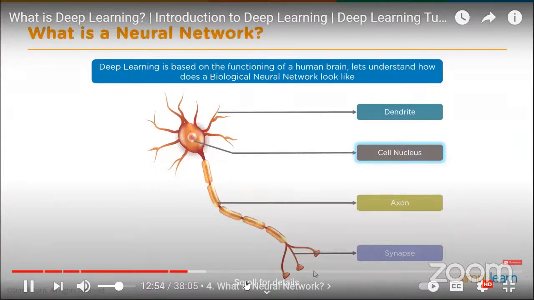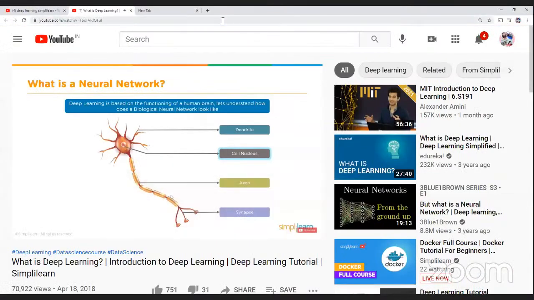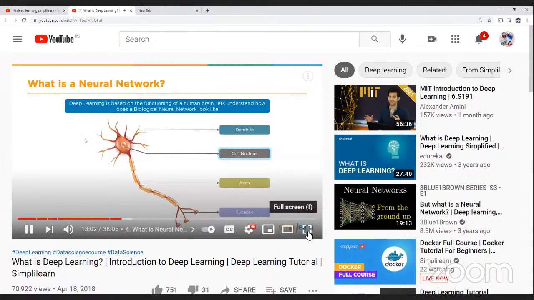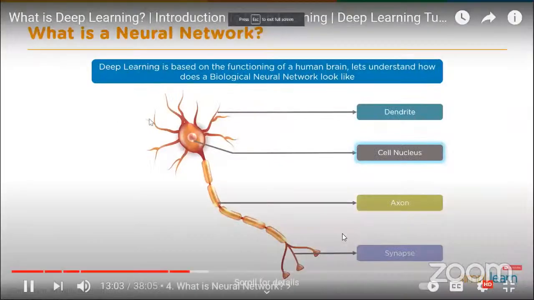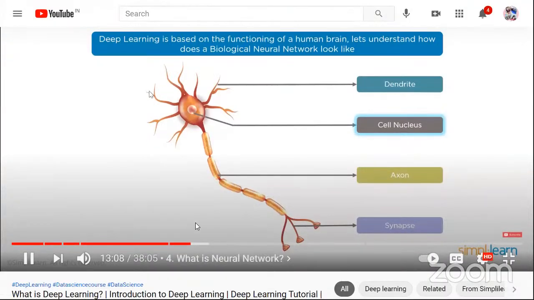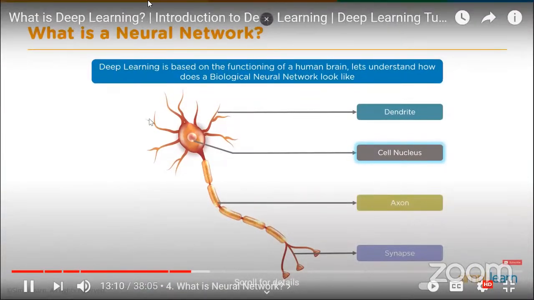So they get either activated or they don't get activated, so it is like a binary gate. They get activated or not based on the inputs that they receive. We will see a little bit of those details as we move forward in our artificial neuron. But this is a biological neuron. This is the structure of a biological neuron.